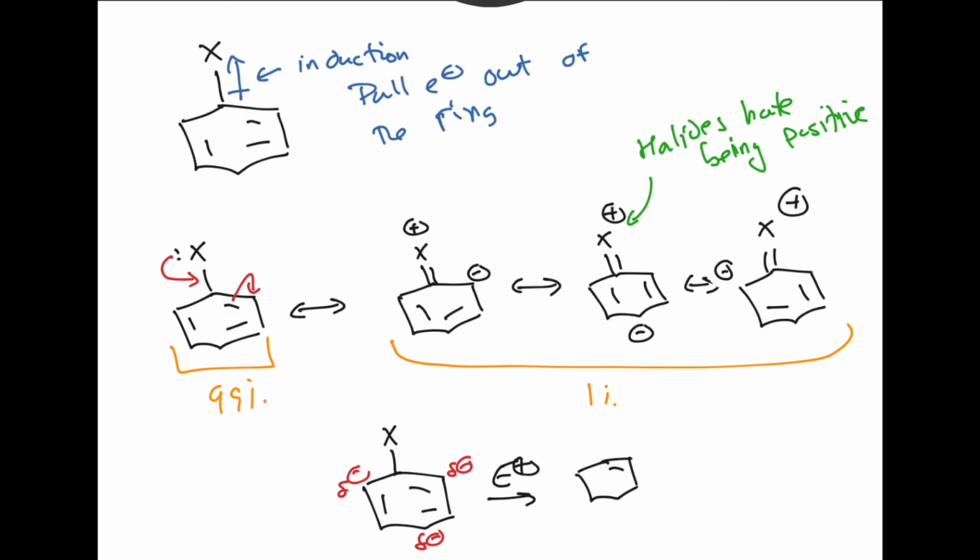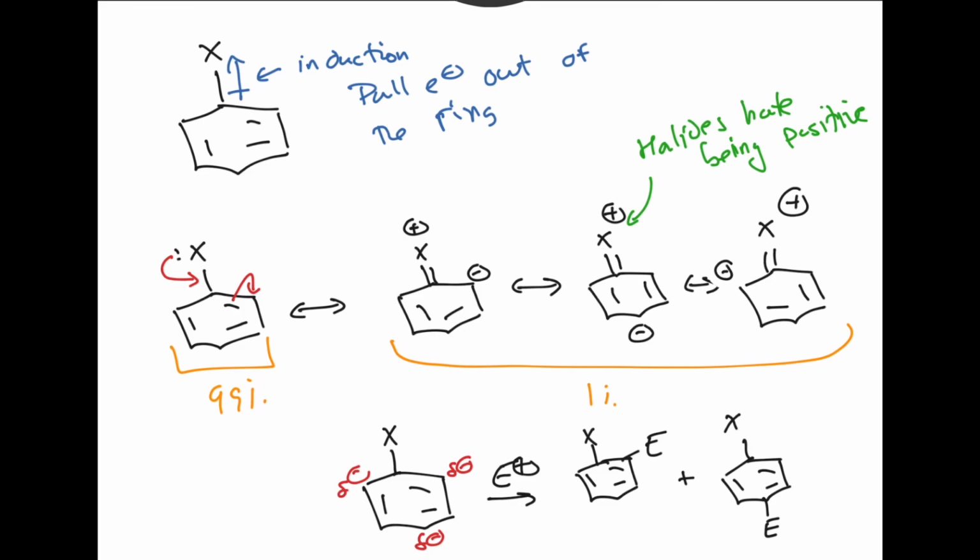Fine, cool. I'm going to add to the ortho and the para position. So even though it's not a big contributor, because you have to make your halide positive, there's enough of a contribution that the electrophile notices that the ortho and para positions are more negative than the meta position, so they will go there.